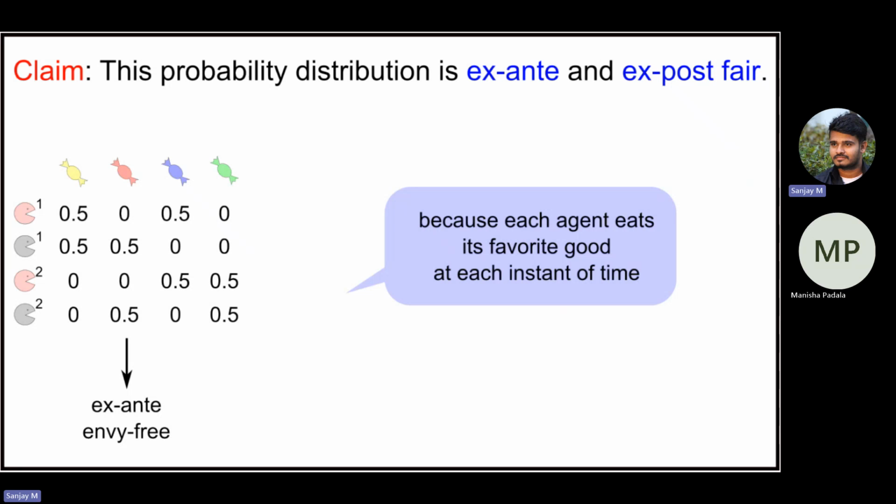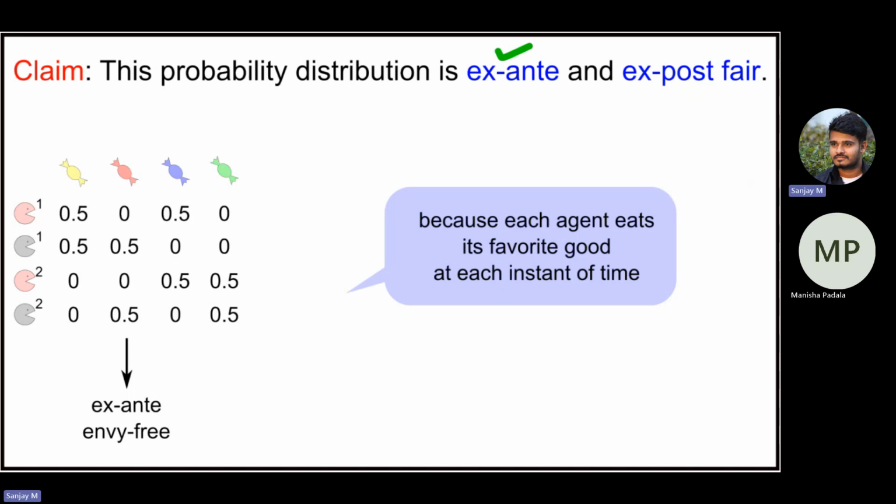So that's why I like my distribution at least as much as whatever distribution you get, because at every point of time I'm eating what I like compared to what you are eating. That's a hand-wavy explanation, but that's really the observation that drives the ex-ante NB-freeness property.